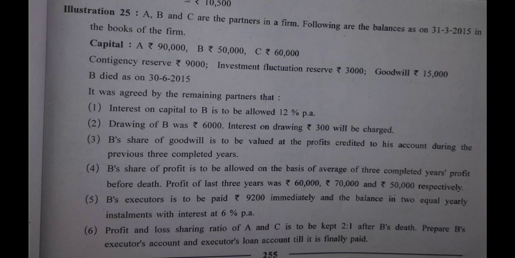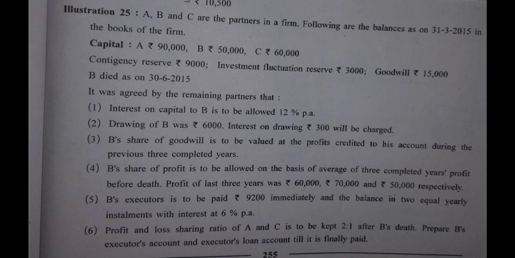And another thing to be noted here is that you need to have gaining ratio to give the share of a retiring or the partner who meets death. Who will give this share? The existing partners, that is A and C. B dies. So A and C will give his share of goodwill, the share of goodwill of B will be given by A and C in their gaining ratio.